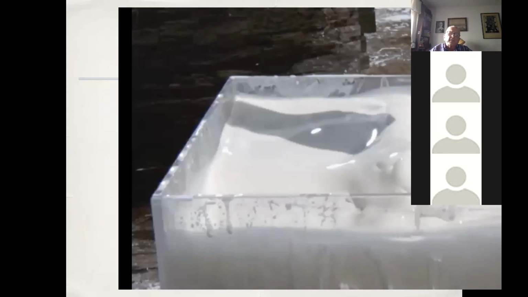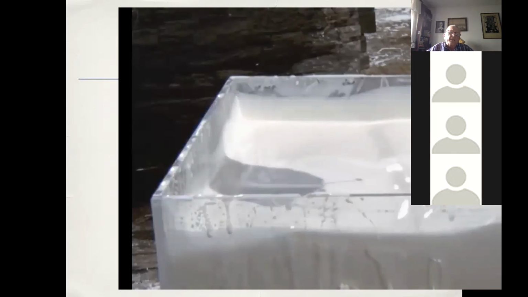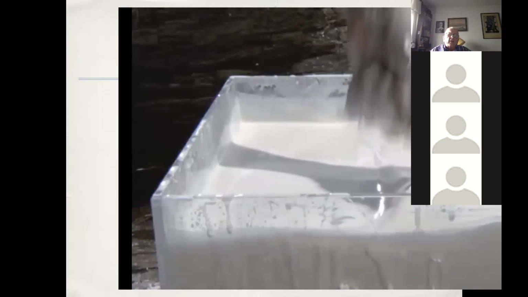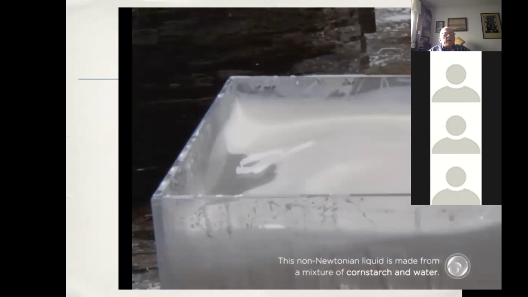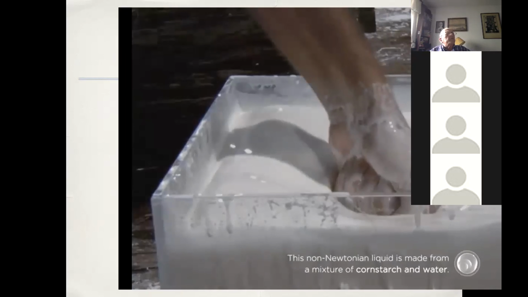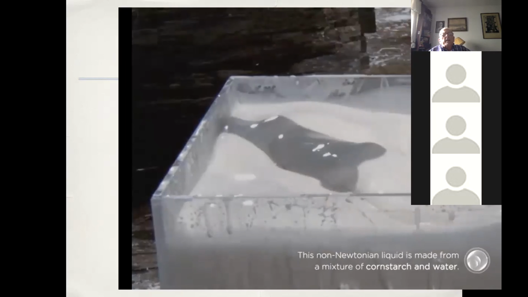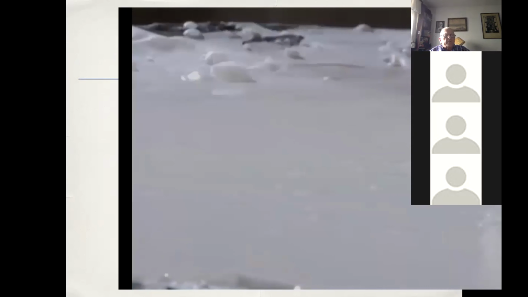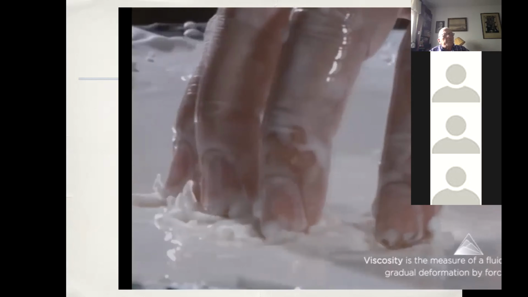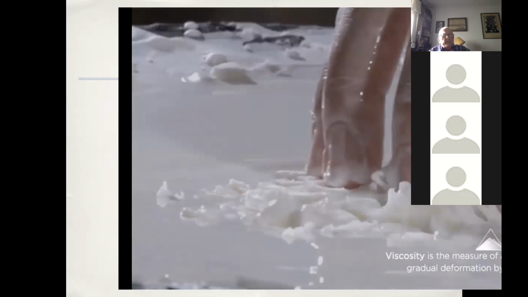This is a container filled with a liquid, which is corn starch mixed with water. It's a liquid, as shown in this experiment, and as you have seen before, it behaves like elastic balls.